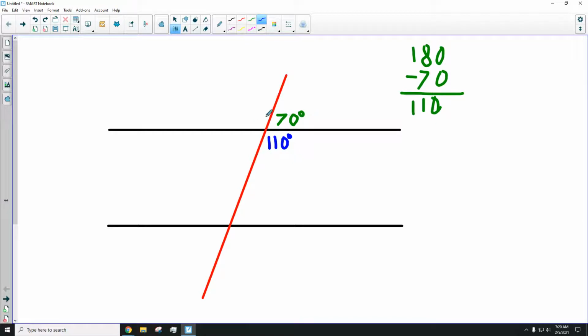And I could have done the same thing here, done 180 minus 70 to get, once again, 110. And now I can do 180 minus 110 here to get this other angle, and it's 70. And just like that, we went around these four angles and found the four measures.